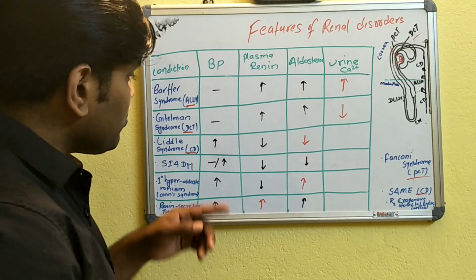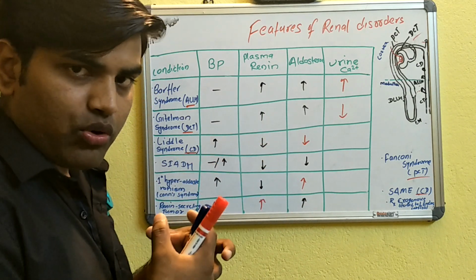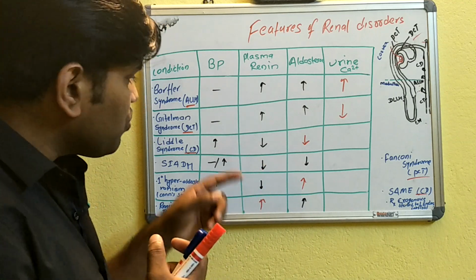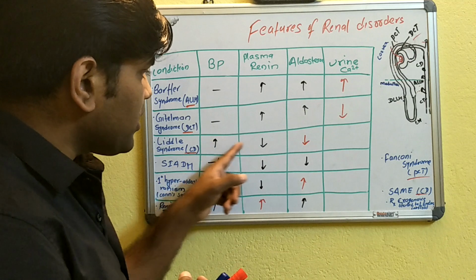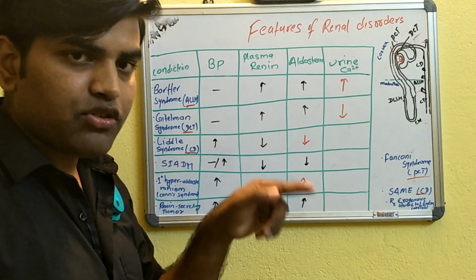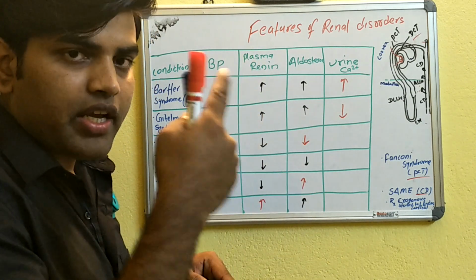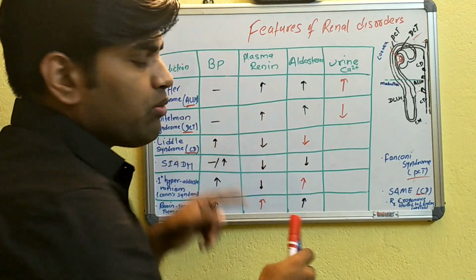Since sodium channel is mutated, your sodium is getting absorbed more and more. Since sodium is getting absorbed, BP will be increased. But since BP is increased and there is no affecting mechanism on the renin-aldosterone mechanism, due to increase in BP, their parameter will be decreased.